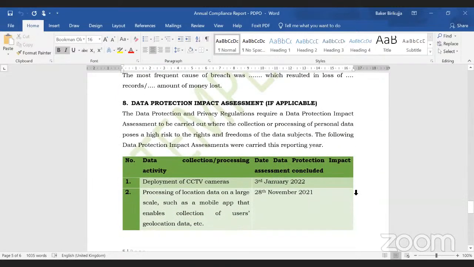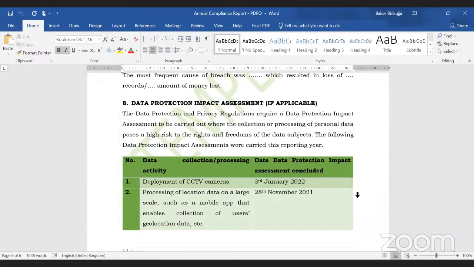Then the other is the data protection impact assessment. The law requires these impact assessments to be conducted in specific scenarios. One, let's say you are introducing a new way, an automated way of collecting information.